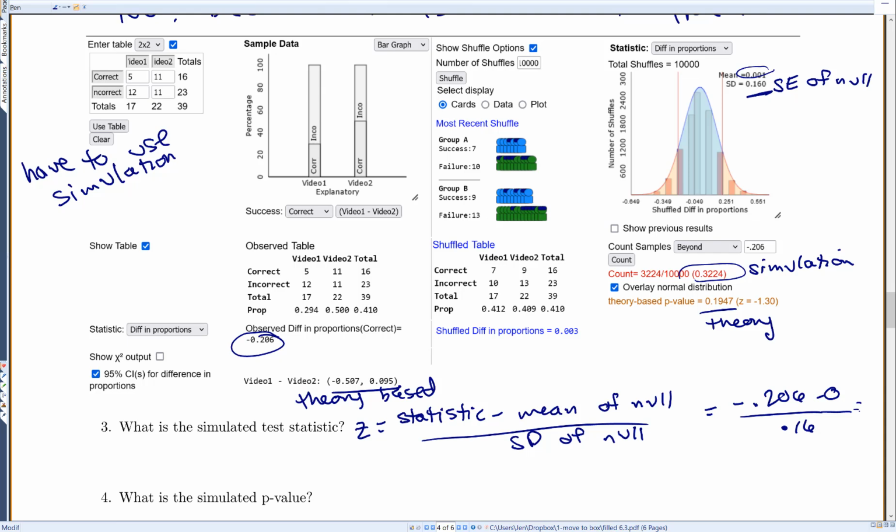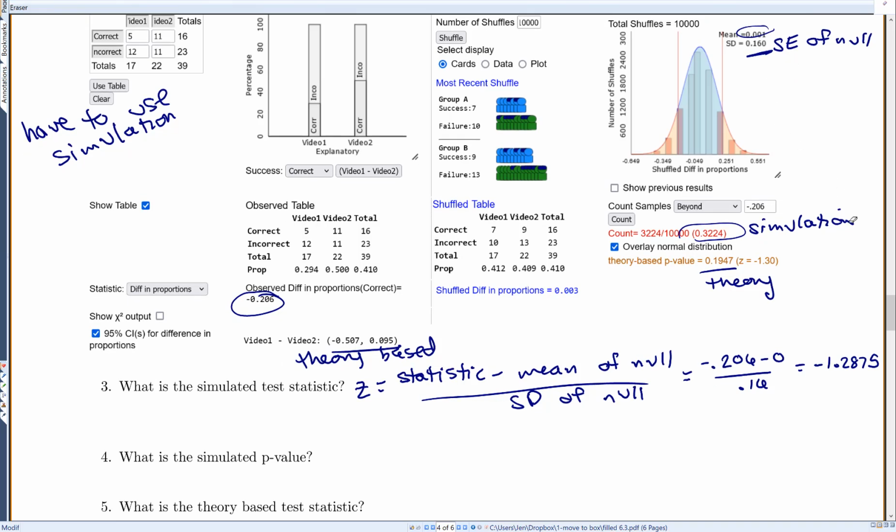Put this into your calculator and you should get negative 1.2875. This should usually be pretty close to your theory-based test statistic, but because it's a simulation, it'll be off a bit because the standard deviation isn't necessarily exactly the same as what we get with our theory-based approaches.